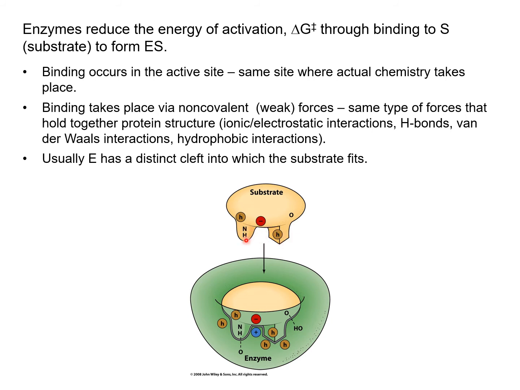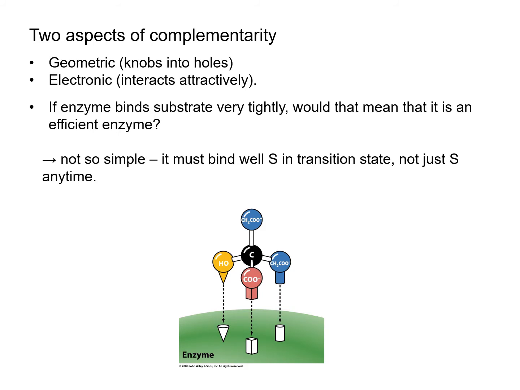So it has a distinct shape there, right here, the cleft that perfectly fits the substrate. About the fitting of the substrate into the enzyme, there are two aspects of such complementarity: geometric and electronic complementarity. Geometric complementarity, as it says, is about the knobs on the substrate that fit really well into the holes on the enzyme, or vice versa.